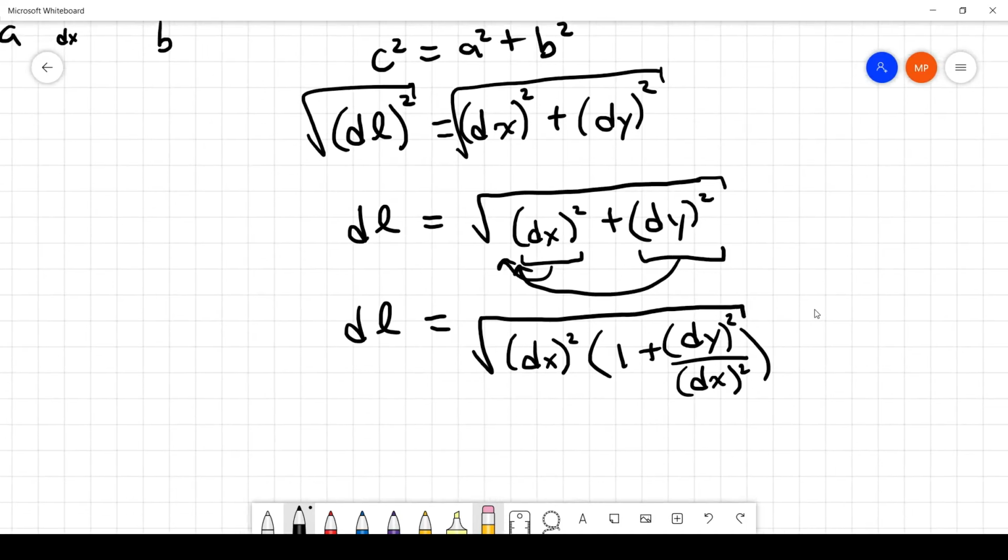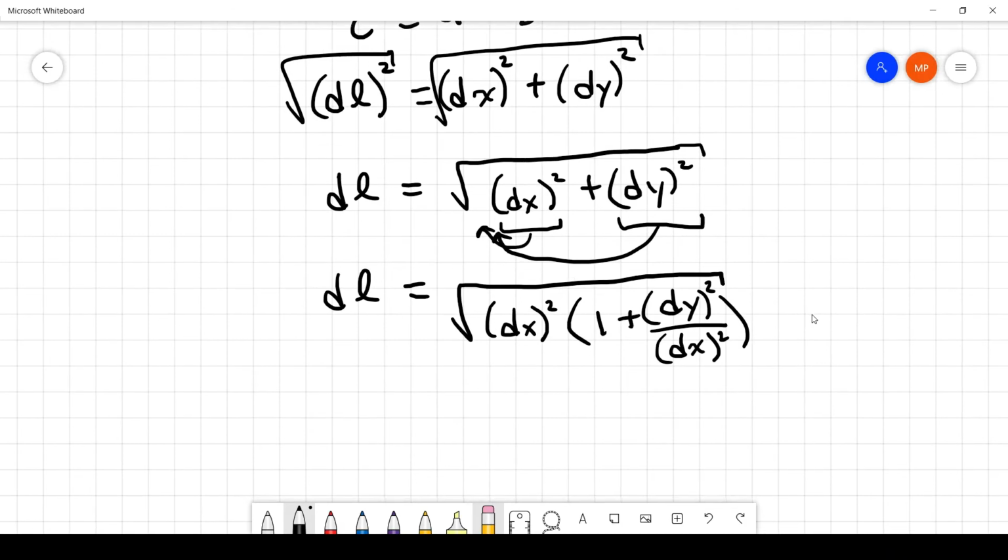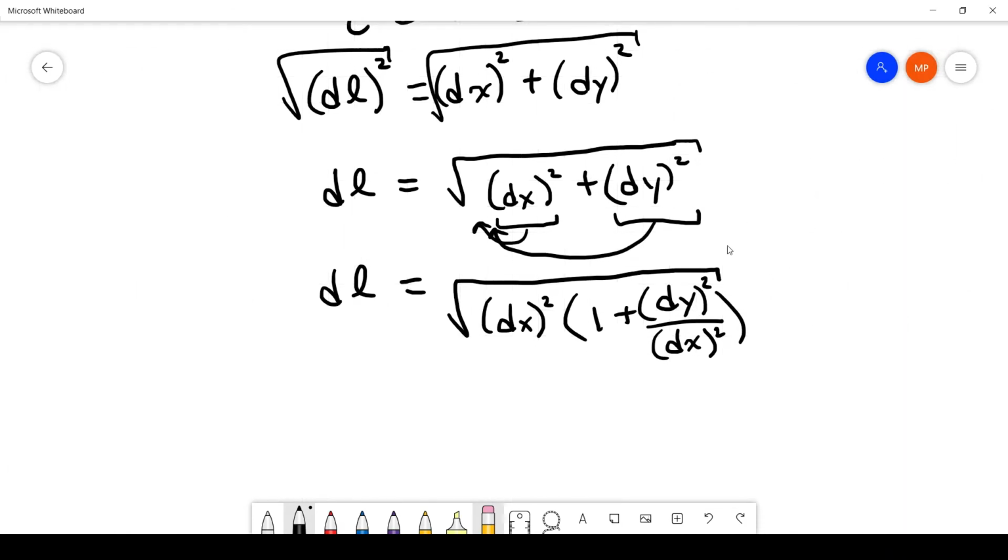And the reason that we're taking out this dx squared is because we want to have some function, if we're looking to have an end game of reaching some integral. We're looking at the integral from a to b of some function, we'll just say this is f of x dx, like this.